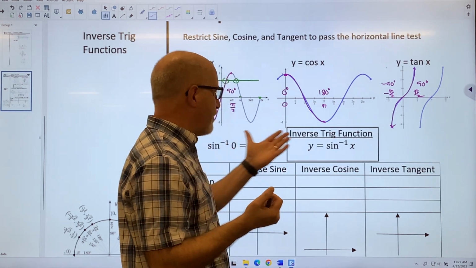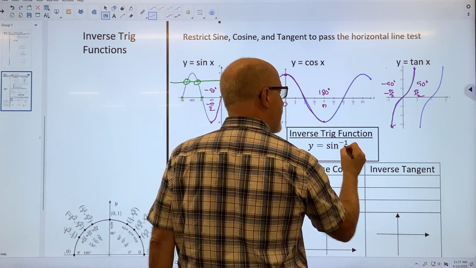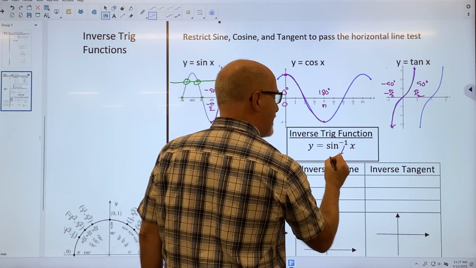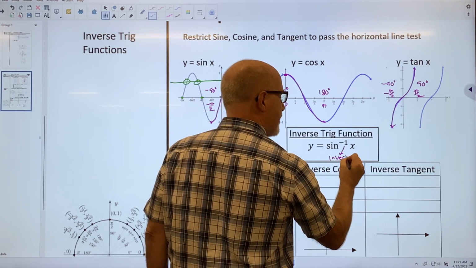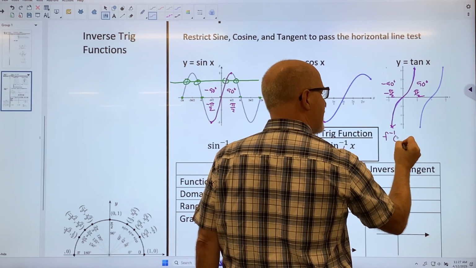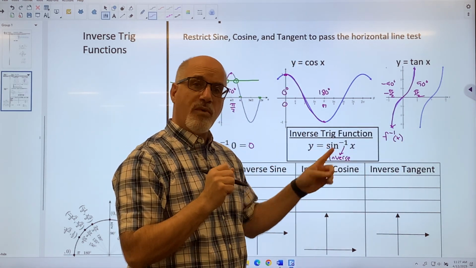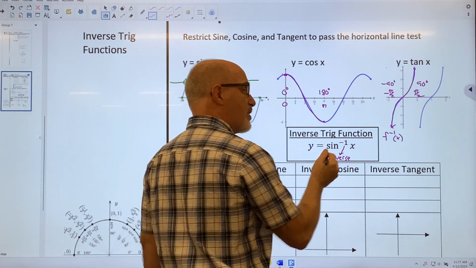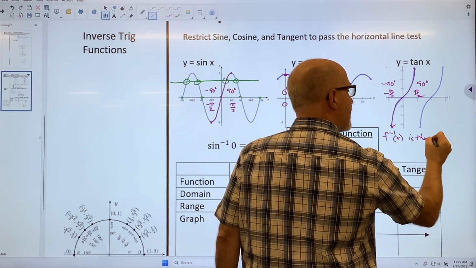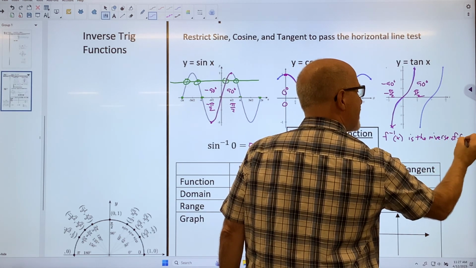Here's the notation. We've started alluding to it. This little negative 1 here, when you have that in the top there, that means the inverse function. Remember when we've done that little negative 1 before with f of x, that meant the inverse function of f of x.